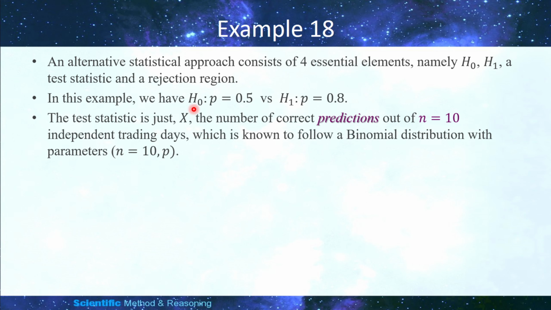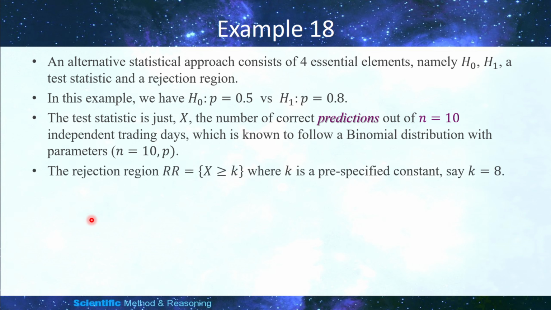The test statistic is just x, the number of correct predictions out of n equals 10 independent trading days, which is known to follow a binomial distribution with parameters n equals 10 and p. And the rejection region, we denote by RR equals x greater than or equal to k. Now, the rejection region is a collection of x, where k is a pre-specified constant, say k equals 8, for example.